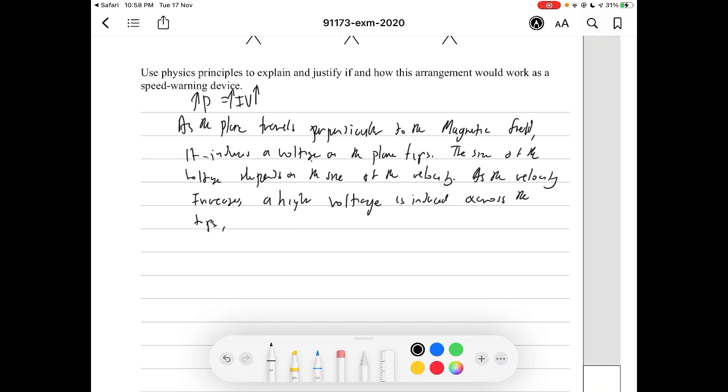You can say this is because more electrons are flowing towards the bottom tip, and therefore there's a higher potential difference because the electrons will experience more force towards the bottom tip.